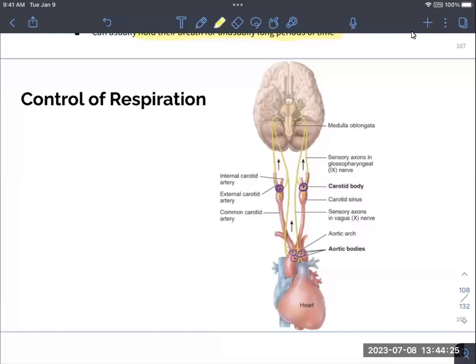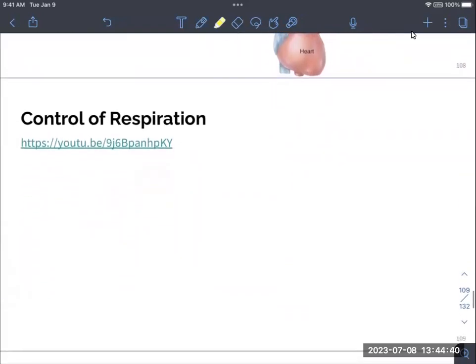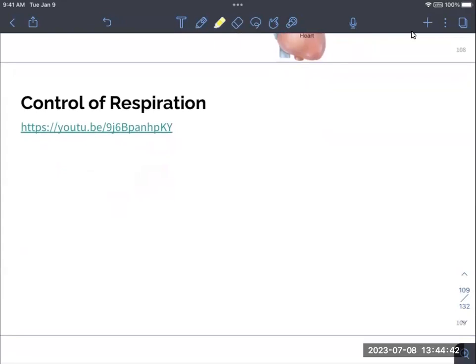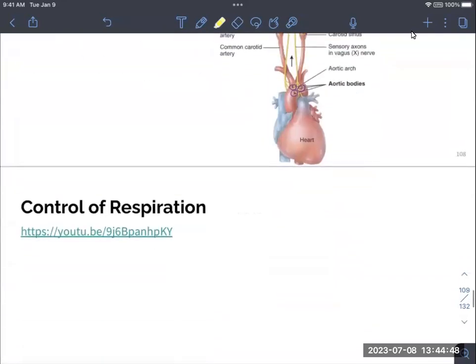And they're what allow changes in the depth of your breath, the rate of your breath, to try to maintain certain levels of oxygen and carbon dioxide in the blood. This is a YouTube video that will go through and kind of explain your control of your respiration, all of the stuff that we've kind of gone through.